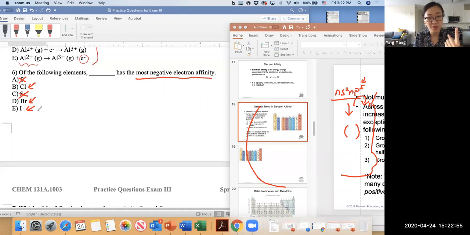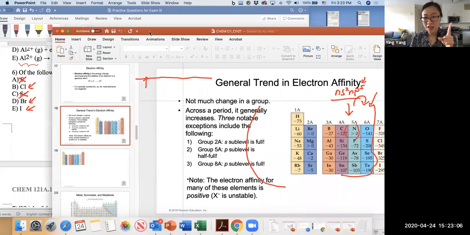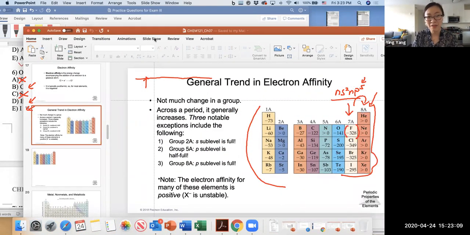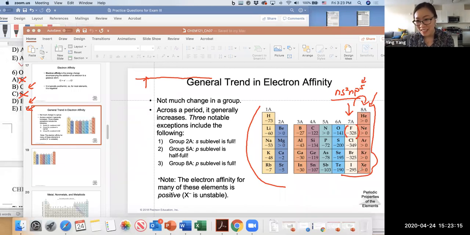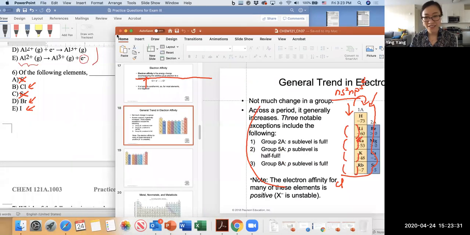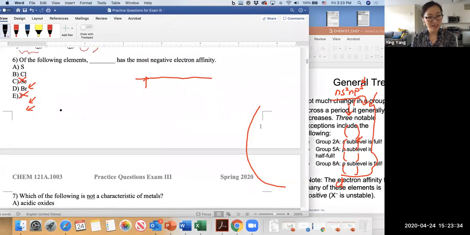And then we compare these 3. It's good to know and memorize it, so you don't have to go to this table every time, which takes a lot of time. If we compare these, chlorine has the most negative electron affinity. So that is how to answer this question.